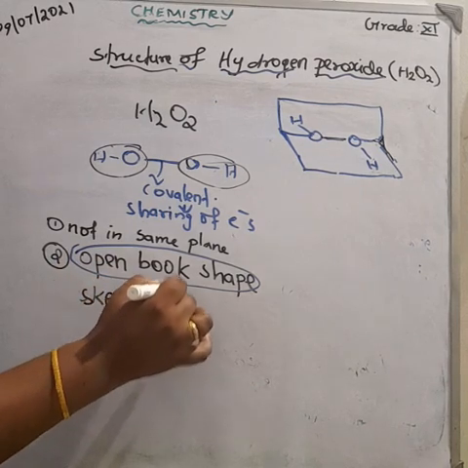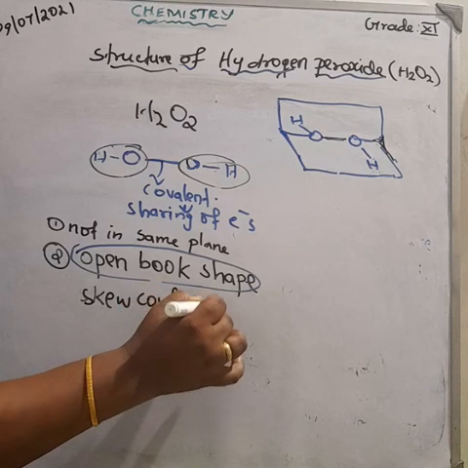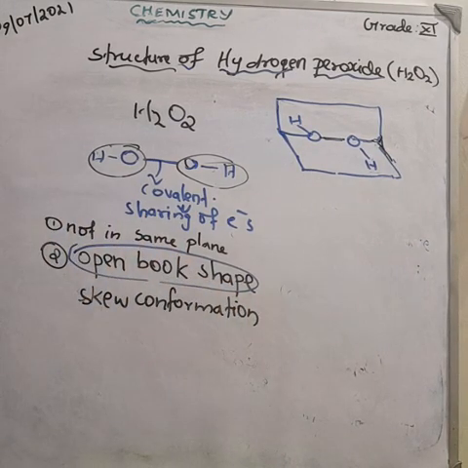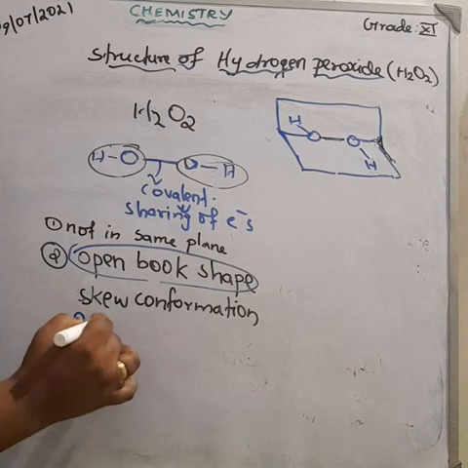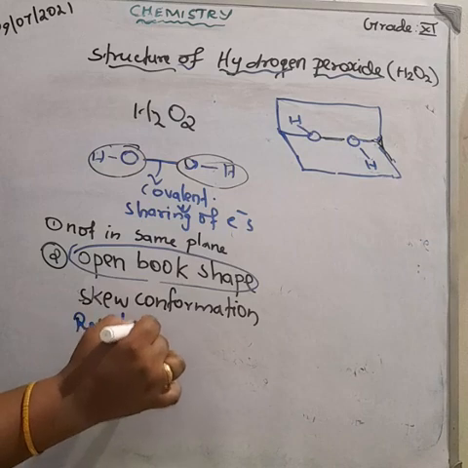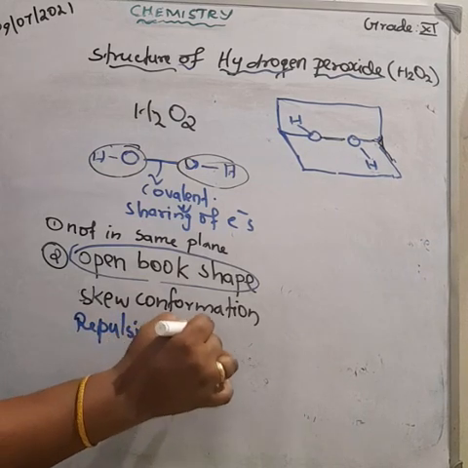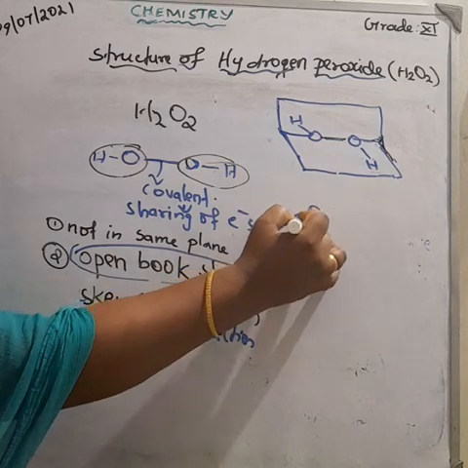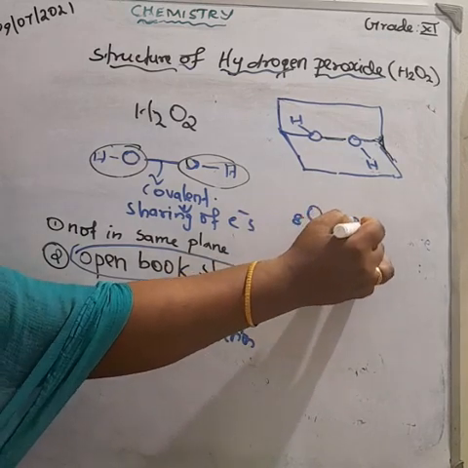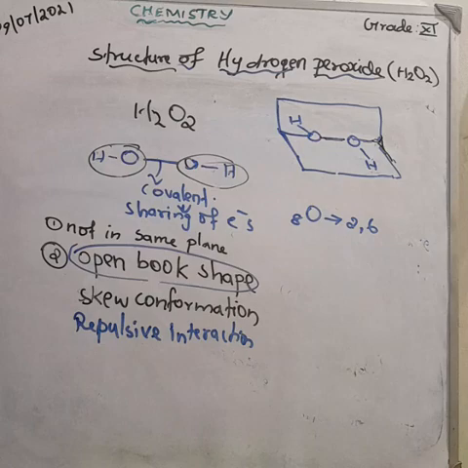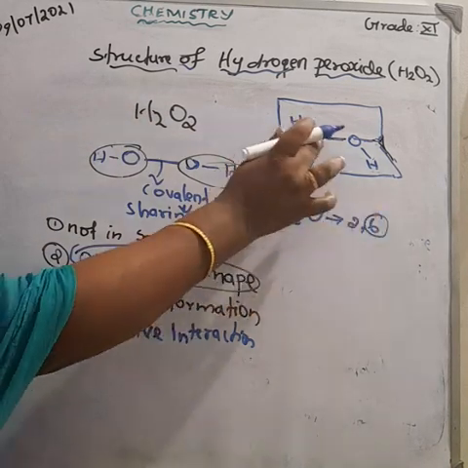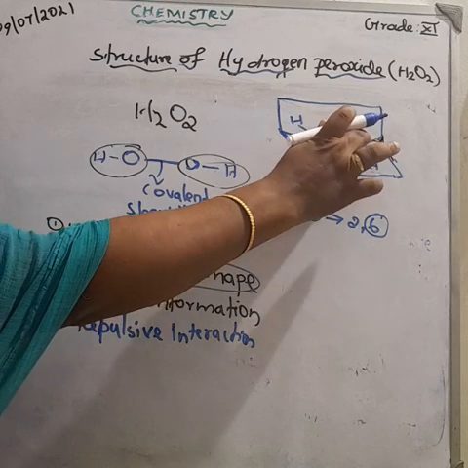What is the atomic number of oxygen? 8. So what is the electronic configuration of the oxygen atom? 2,6. So how many valence electrons does the oxygen atom have? 6 valence electrons. Of these, 4 electrons are involved in bonding and the other 2 electrons are shared.